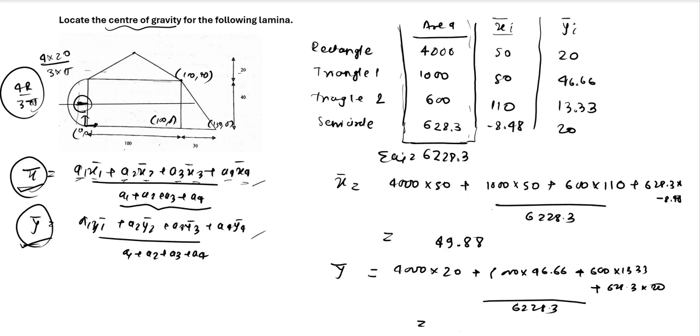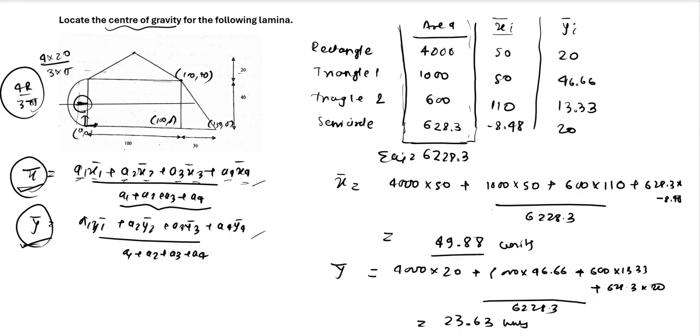We have 4000 into 20 plus 1000 into 46.66 plus 600 into 13.33 plus 628.3 into 20, divided by 6228.3. It is 23.63 as your answer.